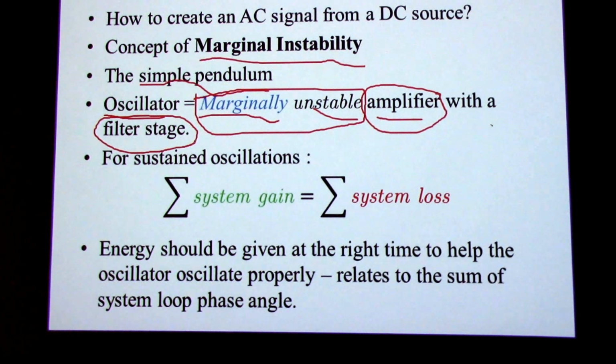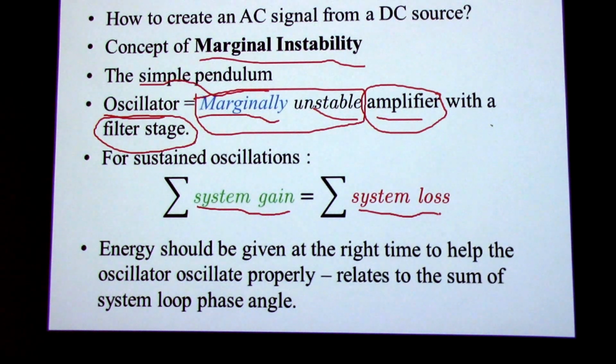For a sustained oscillation, what we need is that if you sum all the system gain, it should be equal to system loss, so that you don't lose any energy and you don't add anything. It doesn't run away and it doesn't die off. It just goes on and on at a predefined pace.